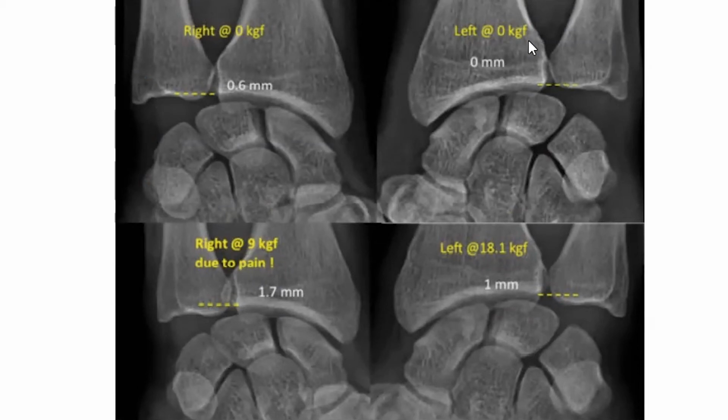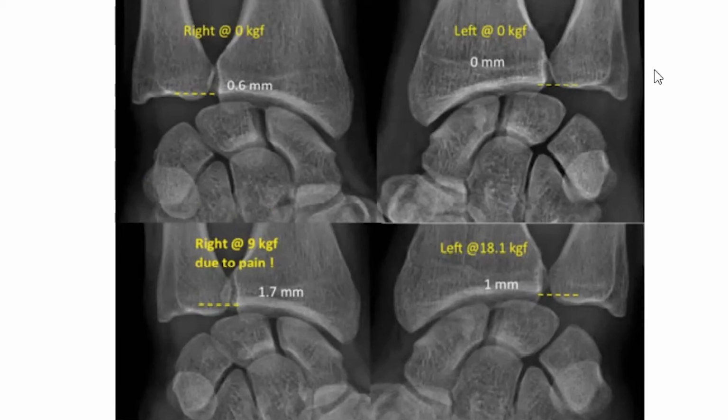Well, it's the right hand, but it's a left picture. You can see there's a spreading, but we're not getting a full load. So if this particular person on the right wrist were to actually do an 18 kilogram load, you would probably see a much bigger ulnar variance and a much wider gapping between the radius and the ulna.